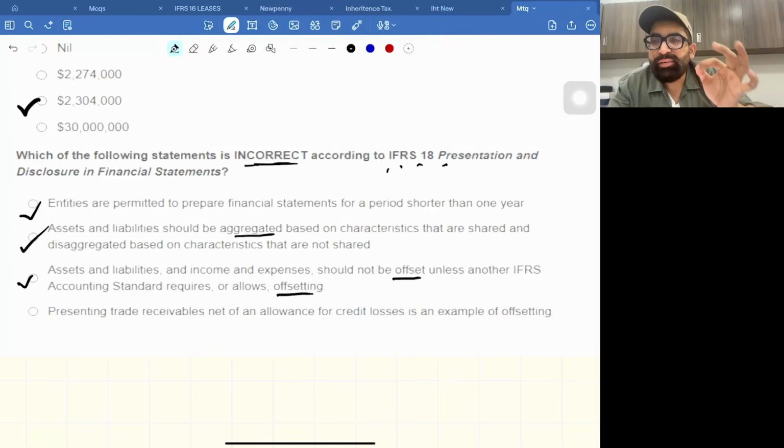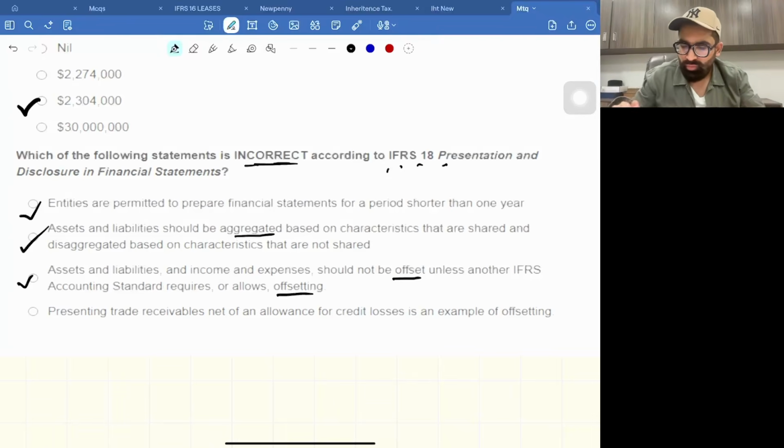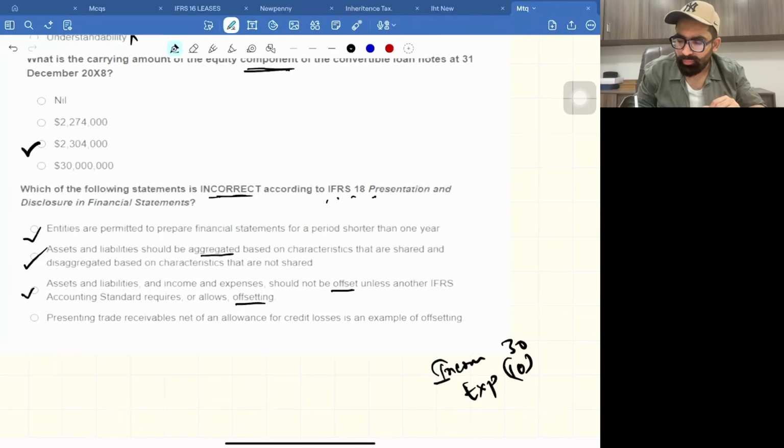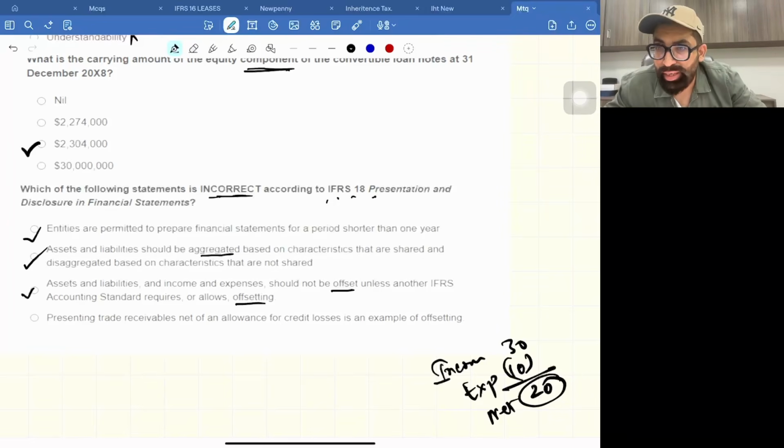And here the relevant standard for receivable and payable is IFRS 9, financial instruments. Okay, so we'll go to IFRS 9, and if IFRS 9 has allowed us, then you can do it. I repeat, for example, there is income of 30 and expense of 10. So can we write simply 20 as net income? Can we offset income or expense or assets or liabilities?